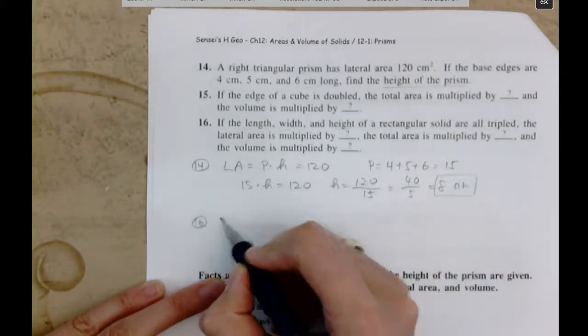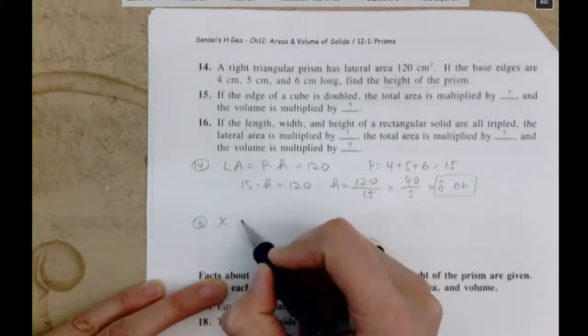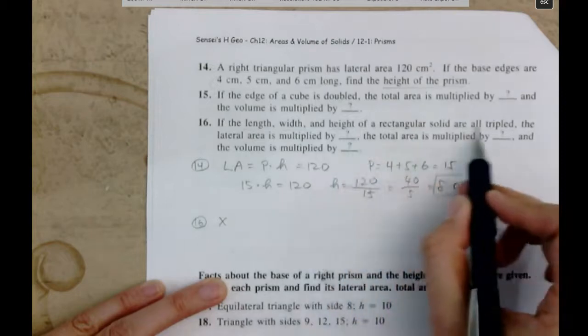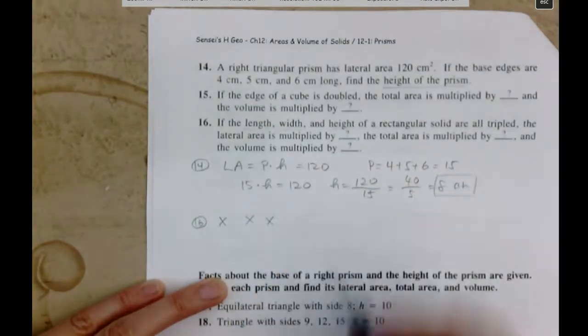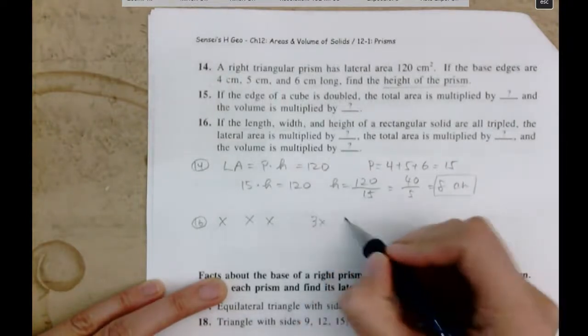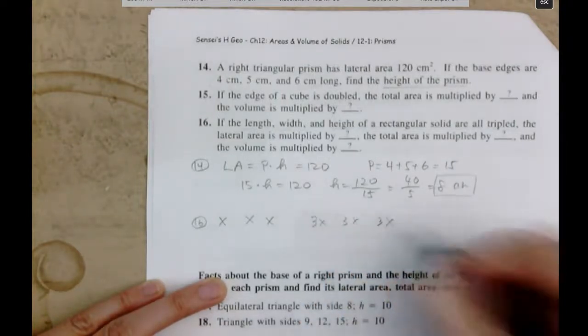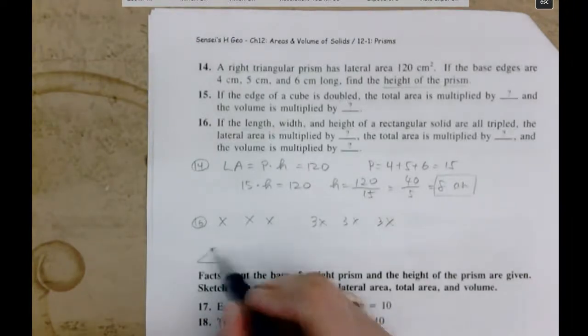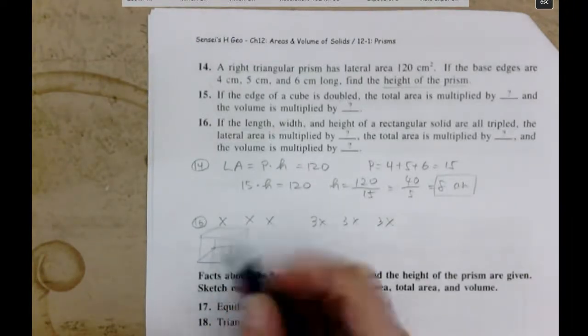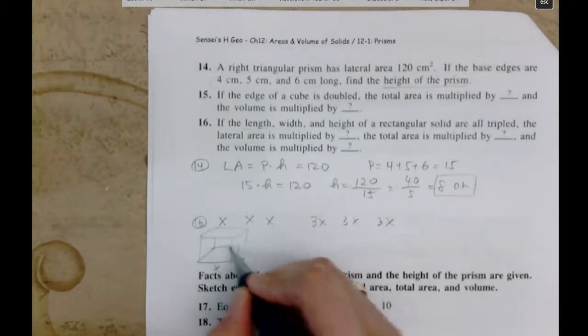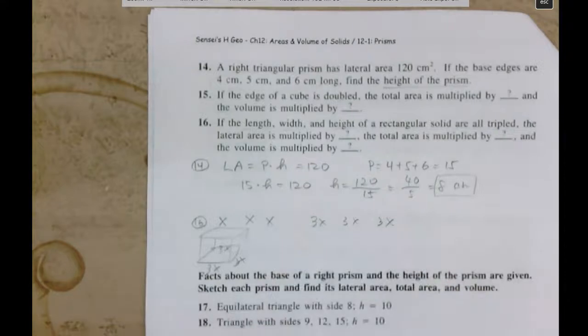So if the original was x, x, and x, let's say it was a cube. It doesn't matter, just to demonstrate the point. Now it's 3x, 3x, and 3x, right?